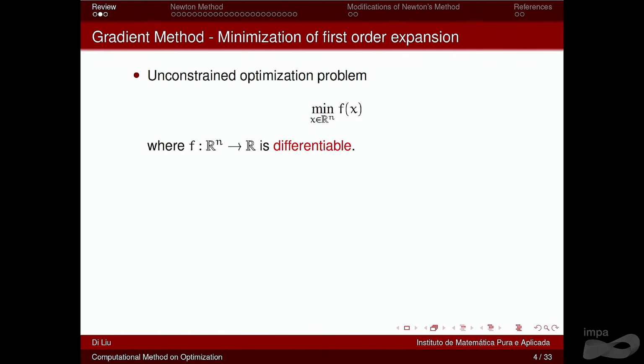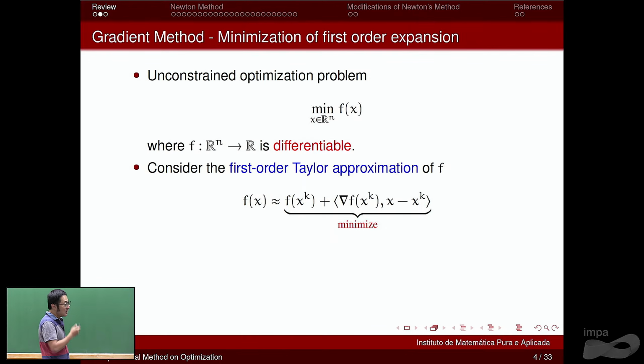We have discussed the gradient descent method. It's the first order method to minimize unconstrained problems, f(x), if we assume f is differentiable. Another motivation of gradient descent method is from the first order Taylor approximation.